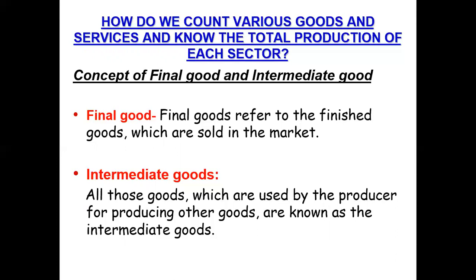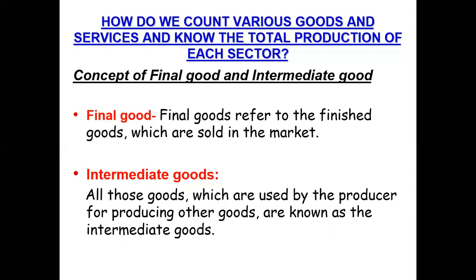The value of final goods and services produced in each sector during a particular year provides the total production of the sector for that year. I repeat, the value of final goods and services produced in each sector during one particular year provides the total production of the sector for that year.